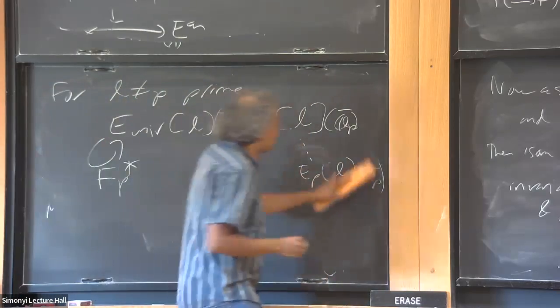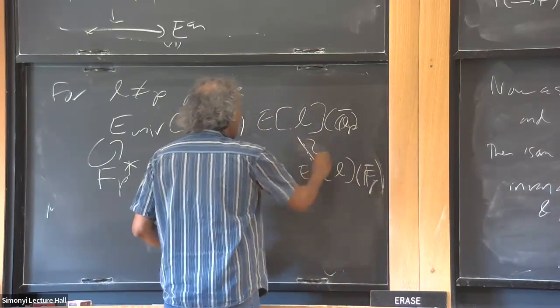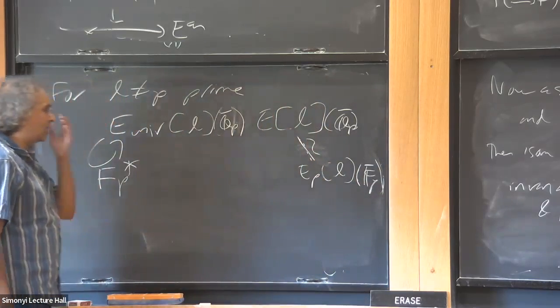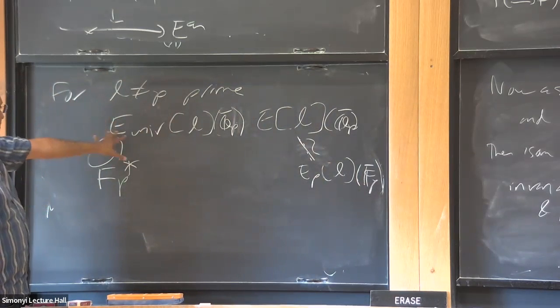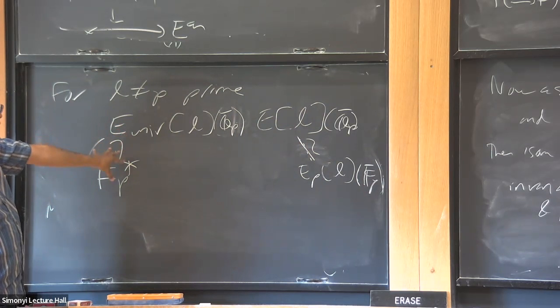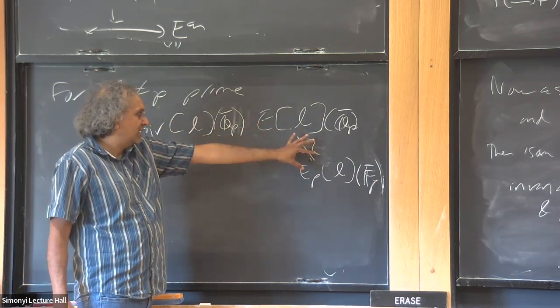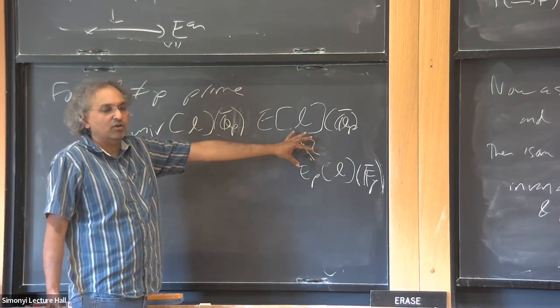This is F_p bar. Now I can relate these things as Galois modules. So this is saying that this Frobenius that I constructed in a de Rham way has something to do with the étale Frobenius on mod l coefficients.